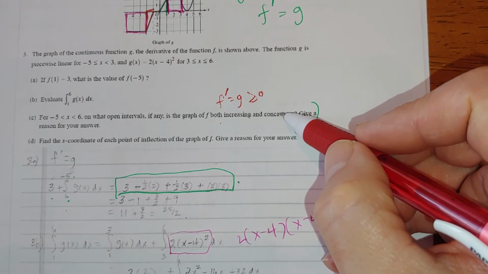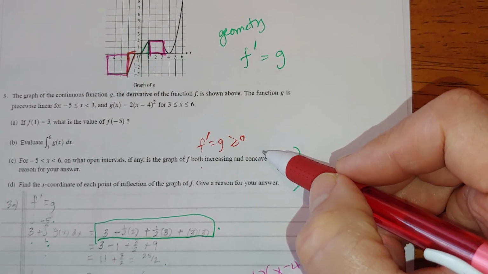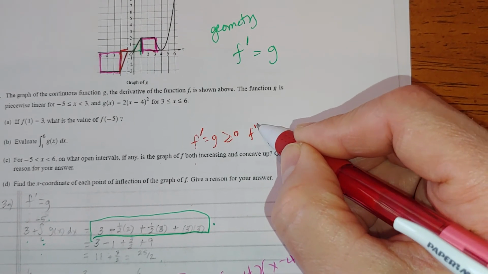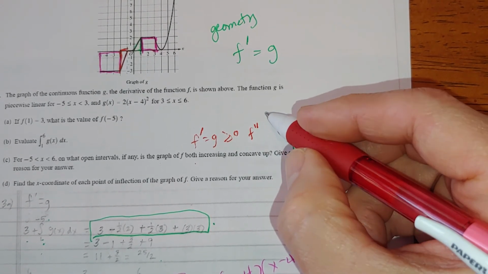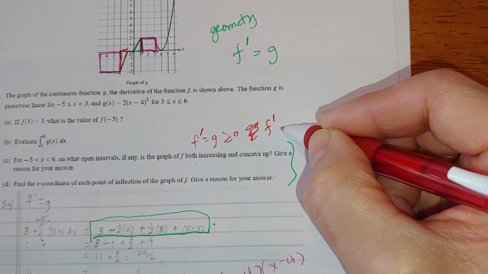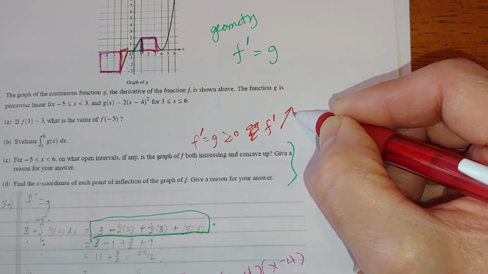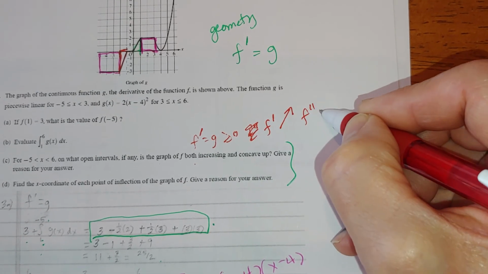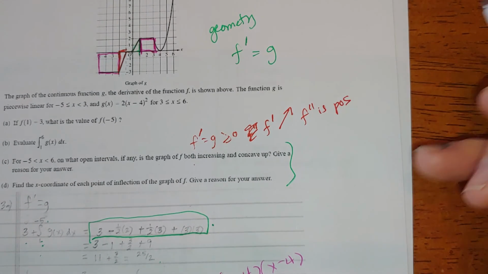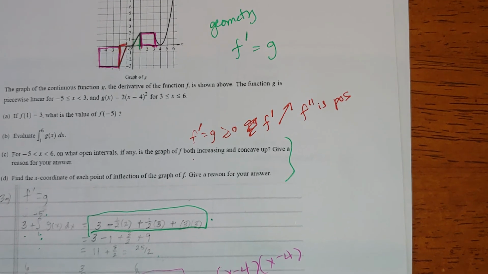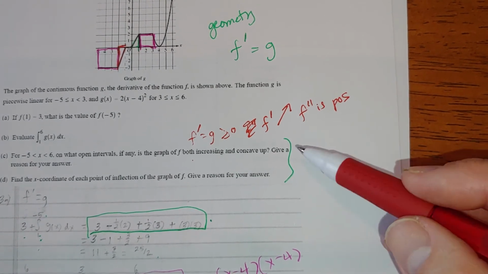And if the first derivative of f is increasing, then the second derivative is positive. That's from the All About Me sheet, so we can use this graph to get both pieces of information.